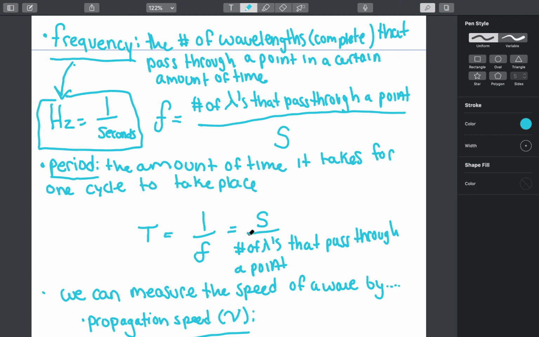So one cycle means one wavelength. So it basically tells you the amount of time per wavelength to pass. So that's what a cycle is, the amount of time for one wavelength to pass. So it's the amount of time it takes for one cycle or one wavelength to pass or to take place. So it's just the inverse of frequency. Okay?